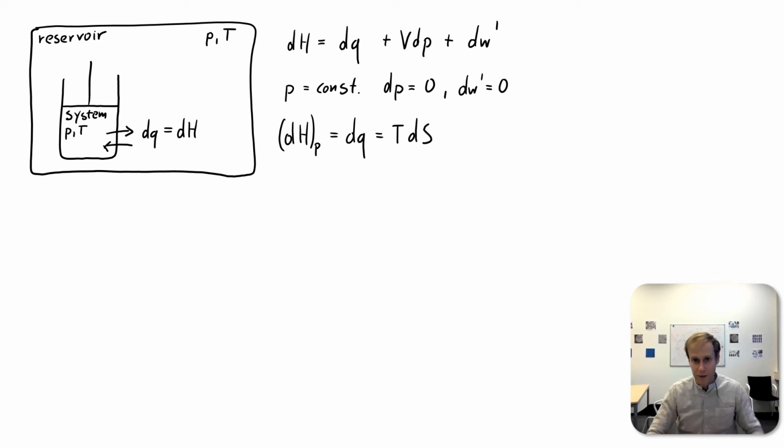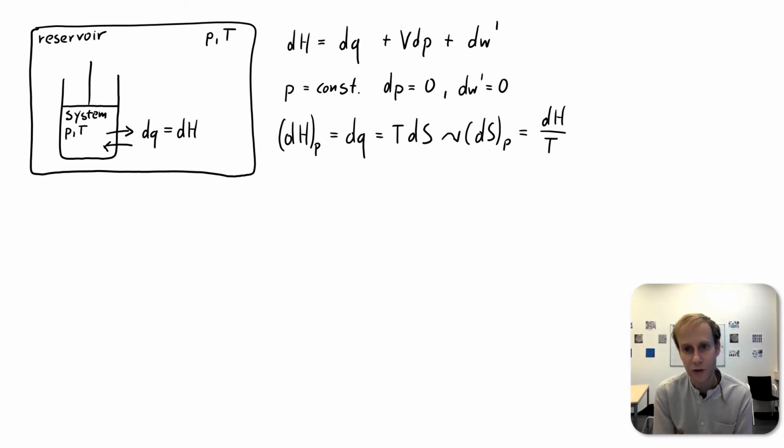So with that, I can rearrange the enthalpy change term to obtain that the entropy change of the system at constant pressure is simply the enthalpy change divided by the temperature, T. Now we have an expression that tells us how much the entropy of the system will change. We will use this expression in the next steps.